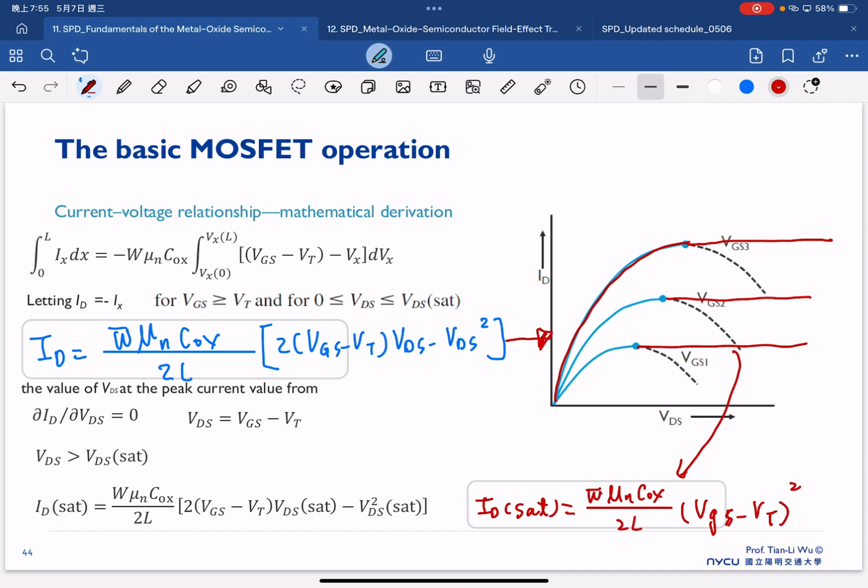So now we have this saturation current equation.